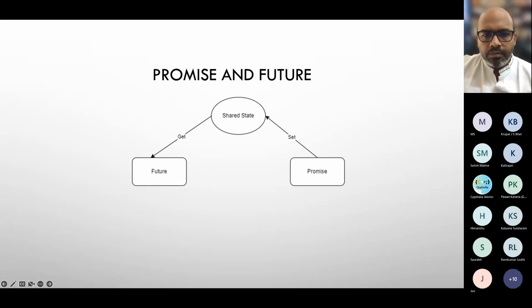A promise is something which sets the value to the shared state, and a future is some object which gets the value from the shared state. Typically a promise resides inside the library, and the library gives you a future as the user of the library, so that the users can get the results out of some operation, right?